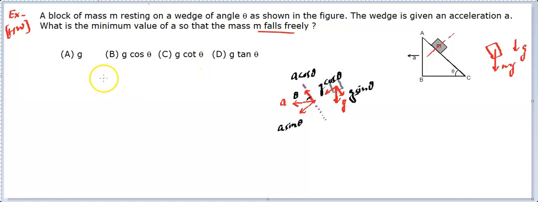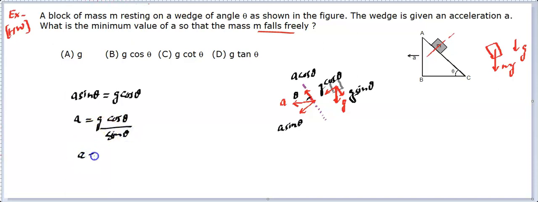Now you can say the relative acceleration has to be 0. That means acceleration along the perpendicular direction, or common normal, has to be equal. So A sin theta is equal to g cos theta. So A is equal to g cos theta upon sin theta, and you know this number, A is equal to g cot theta.